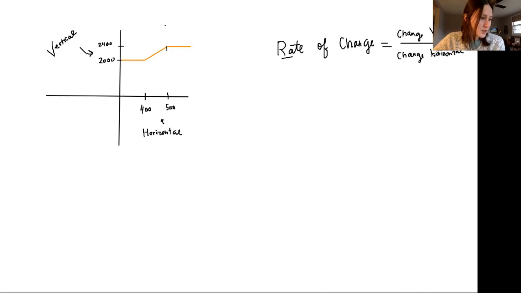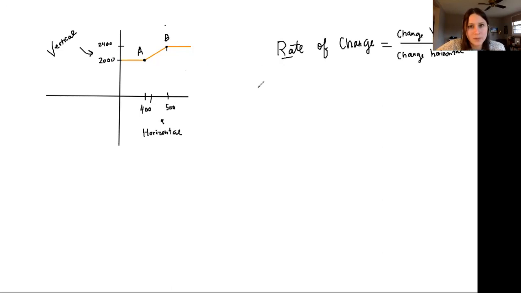In this example, if this were A right here, this is B, and I'm saying find the rate of change going from A to B. To find the vertical change, we subtract the end point by the initial point.